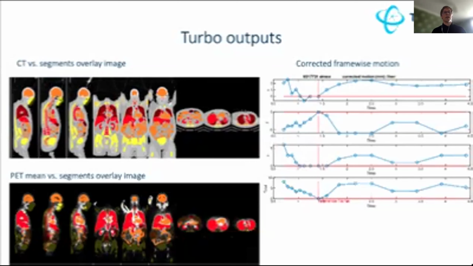So for example, we can observe how the movement of a single voxel at one segment border is corrected relative to the chosen reference frame. And for both of these radioligands, the reference frame is selected as the one that has the most similarity compared to the CT image.